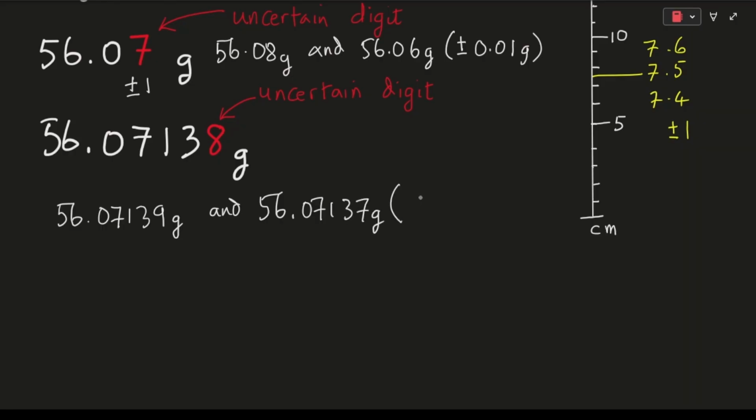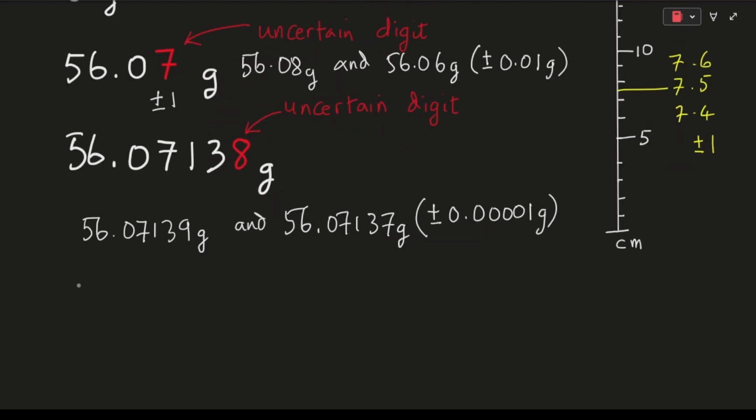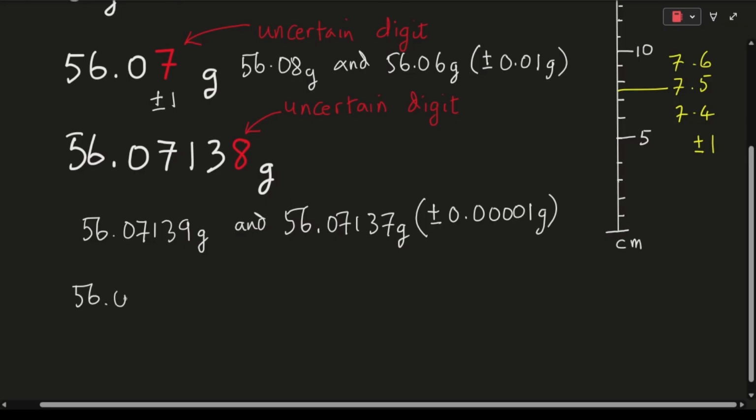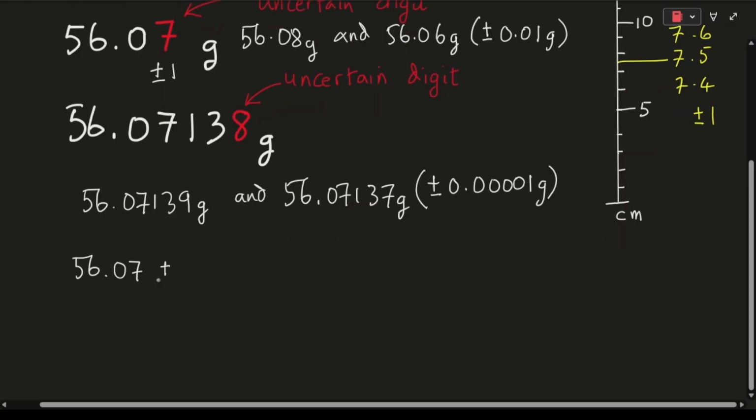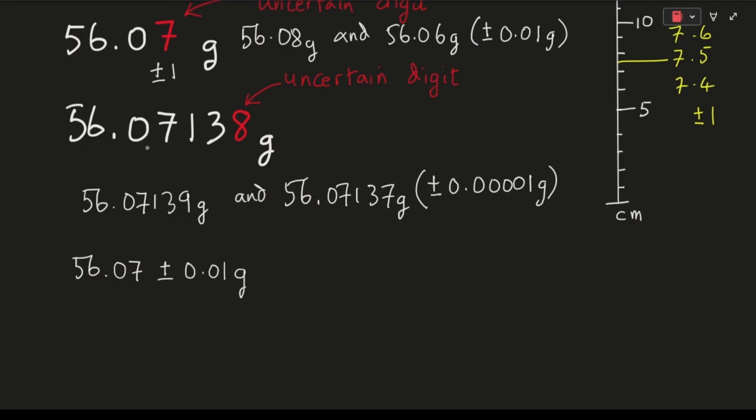And here our uncertainty in measurement is plus or minus 0.00001 grams. So now the recorded value, taking into account the uncertainty in measurement, will be written as follows.